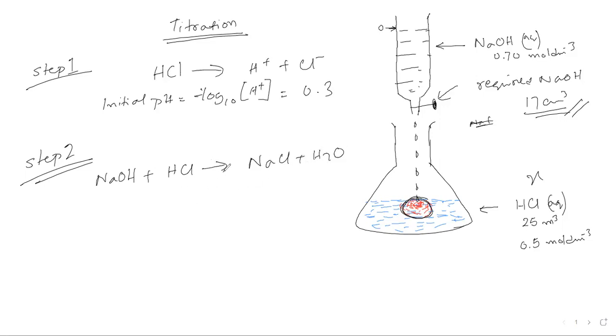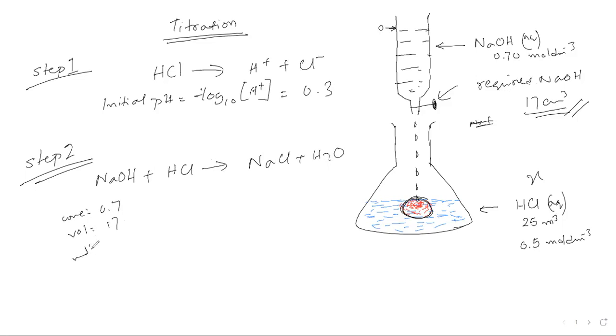Now from here, if the equation is balanced already, we can do the molar ratio part. So using the concentration and the volume of sodium hydroxide, we can say 0.7 is the concentration and the volume is given, 17.